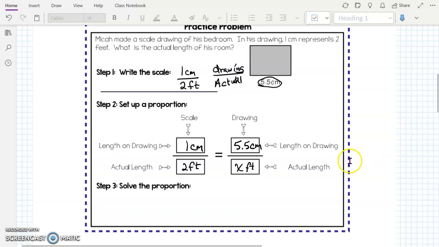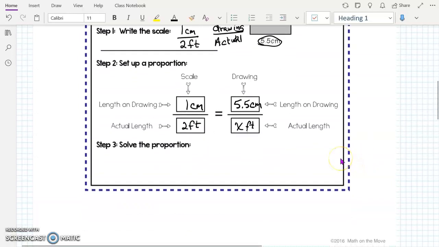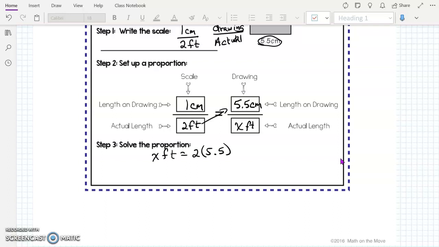Okay, just like the warm-up problems, we are going to cross multiply and divide. In this case, we don't need to divide by 1. So x feet would equal 2 times 5.5. So x equals 11 feet.